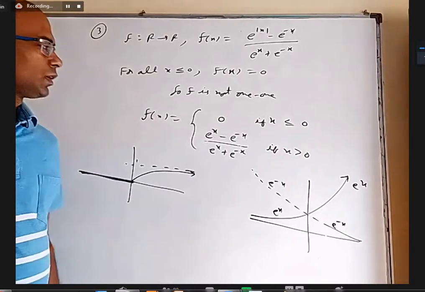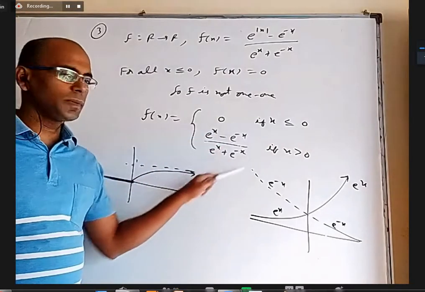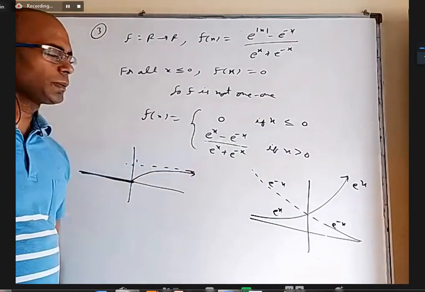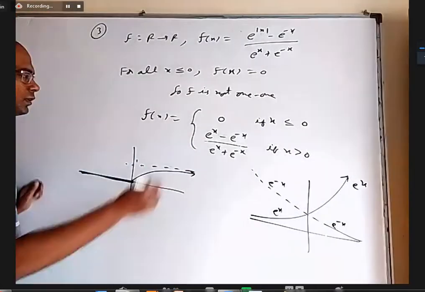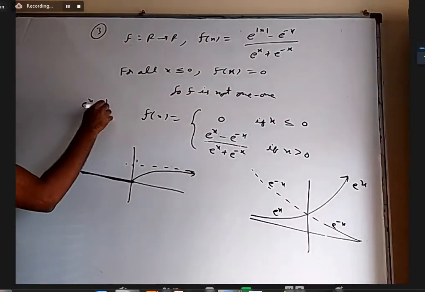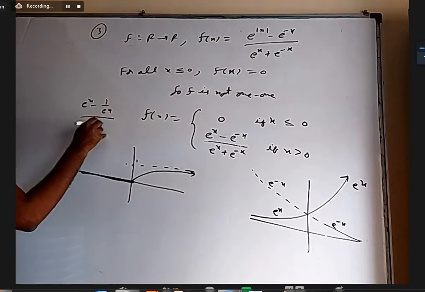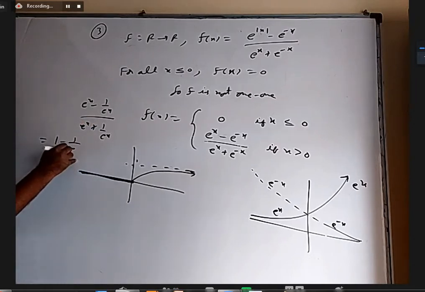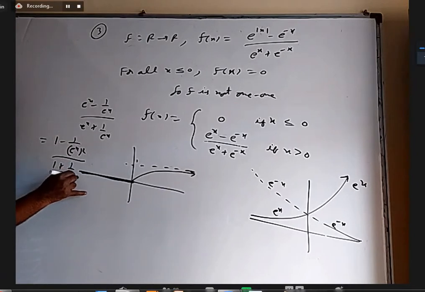When I try to find the limit of this at infinity, let us divide with e power x everywhere. I'll take e power x common in the numerator and in the denominator and divide. It is going to be 1 minus e power minus 2x by 1 plus e power minus 2x.